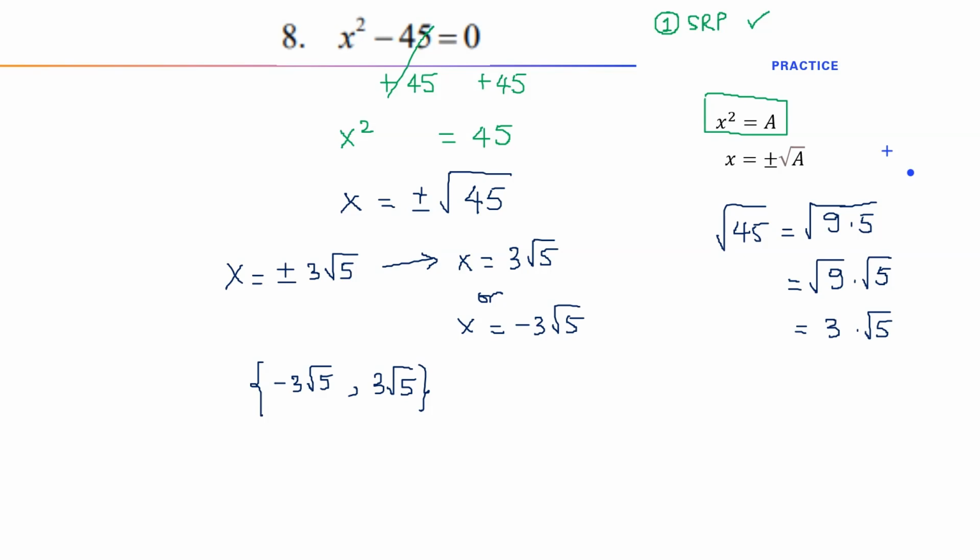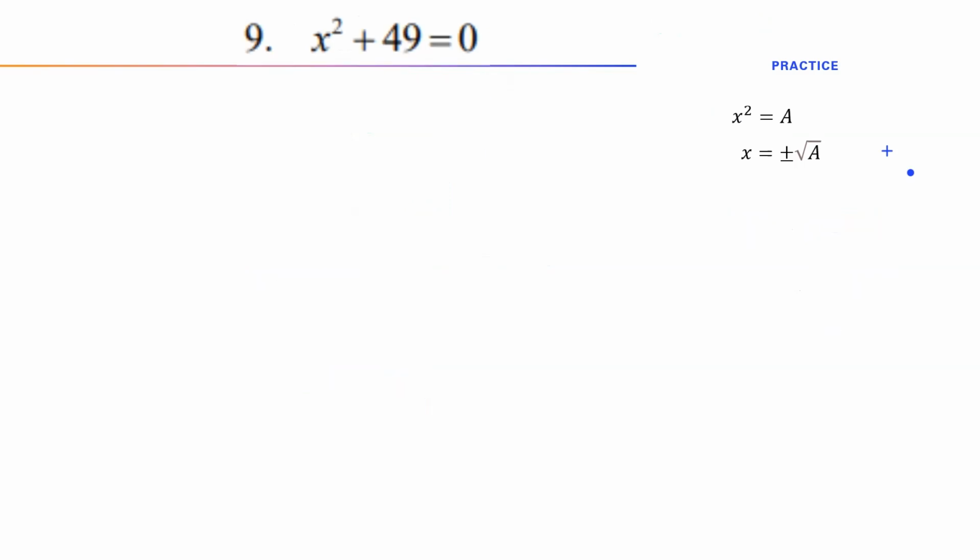So this is the benefit of checking the first method, the square root property, that saves our time and effort to solve quadratic equations. Next question. Similar, right?